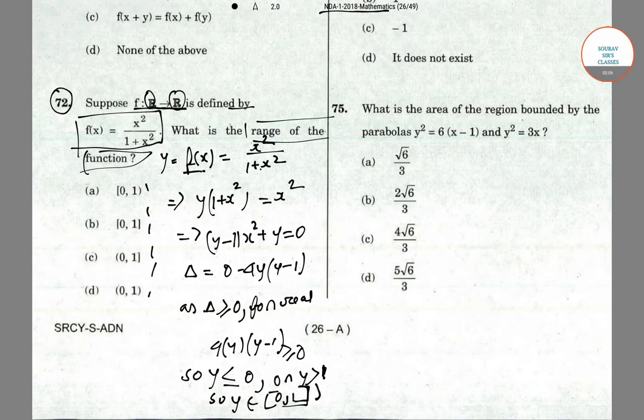So the final answer for this question, I will be writing it down here: y belongs to [0, 1). So for question number 72, the right answer would be option A. Now we'll go to the next question.